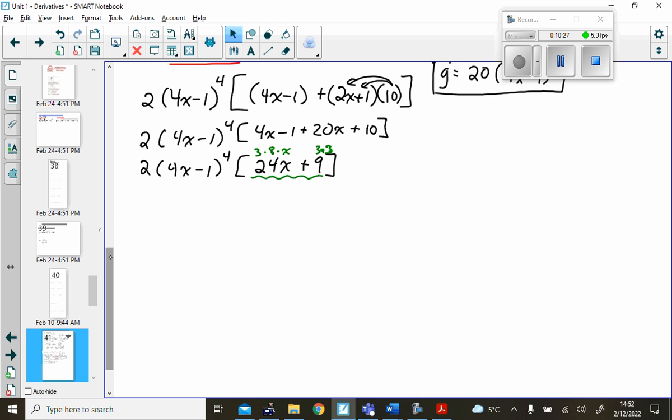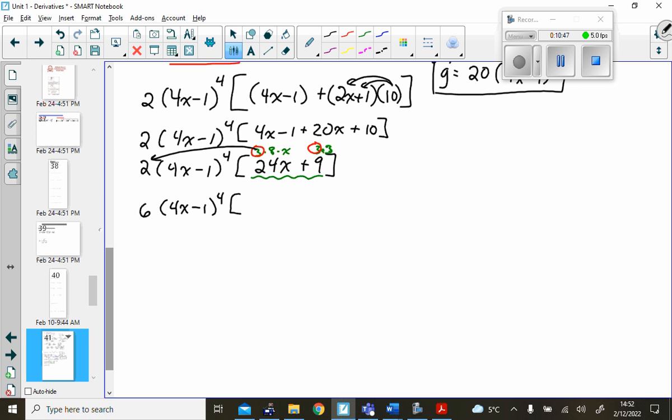I got to go one more step. So if you're going to take the 3 out and remove it, I'm going to move it all the way in with the other coefficient. And make that 2 times 3 is 6, bracket 4x minus 1 to the 4. And what's left behind is 8x plus 3.